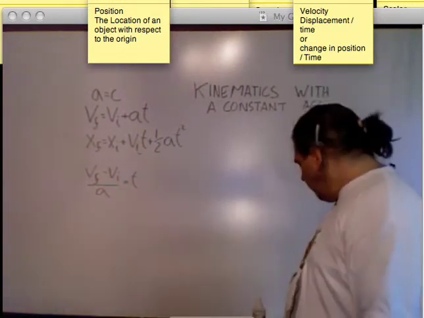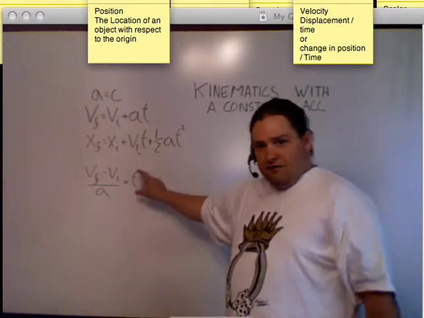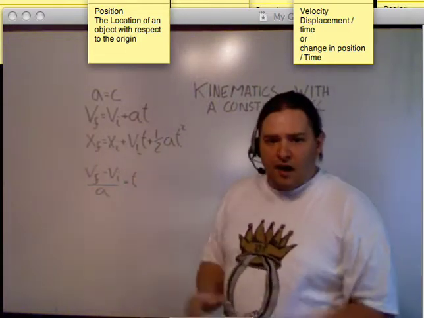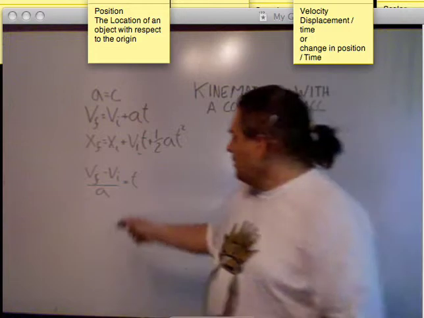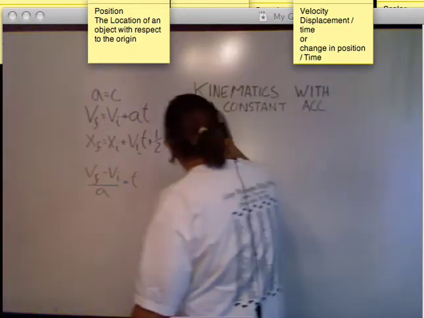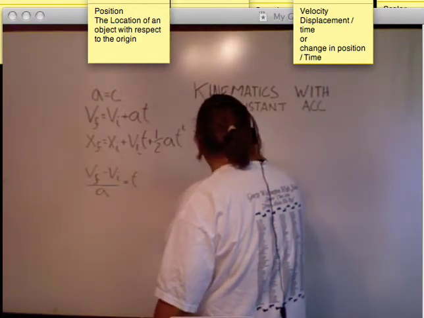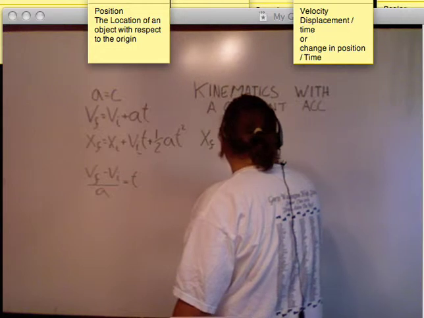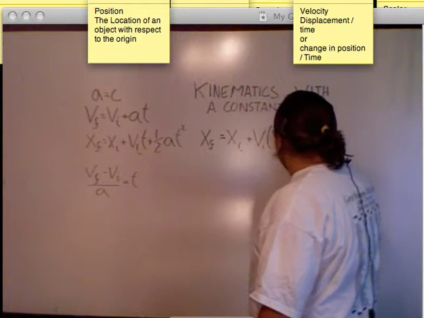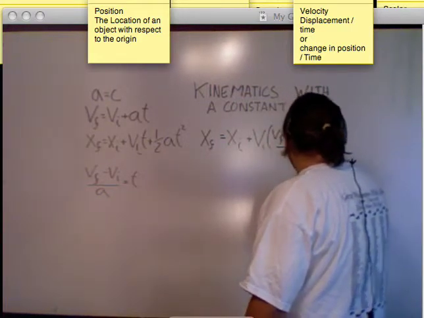Step 2, what we're going to do is substitute this into here. This t is equal to this, so every time I see a t, I'm going to bring in this equation right here. So that means I have x final is equal to x initial plus v initial times v final minus v initial over a.